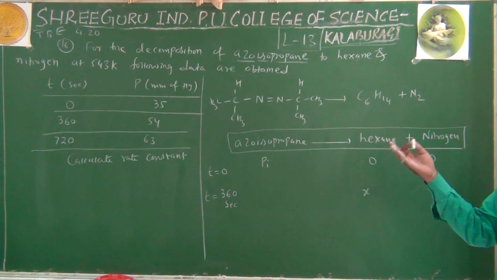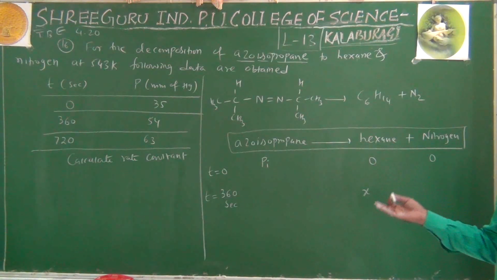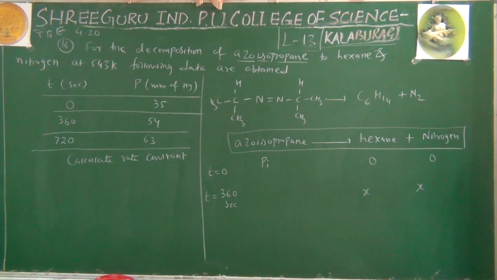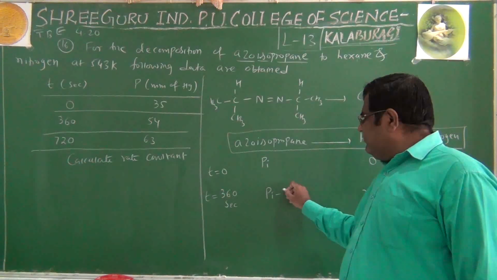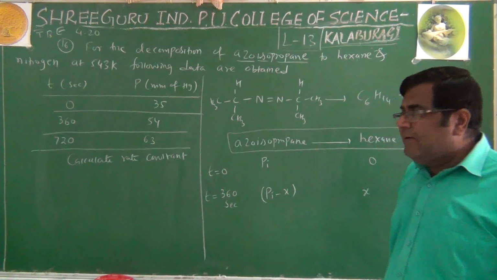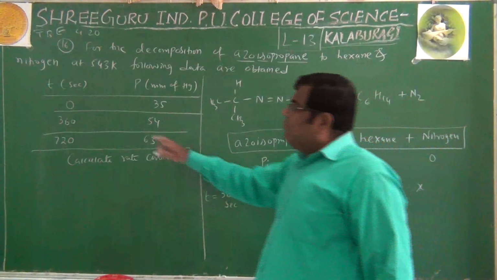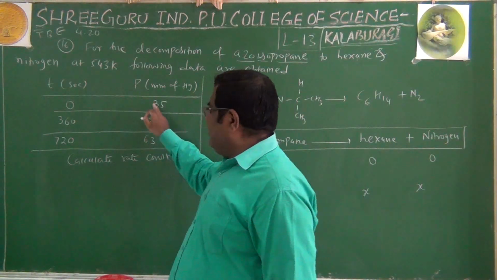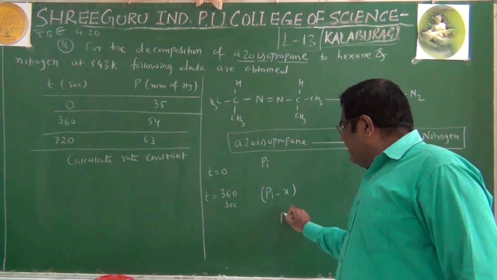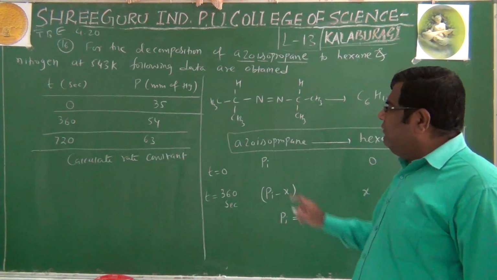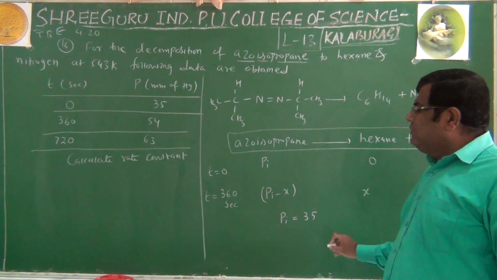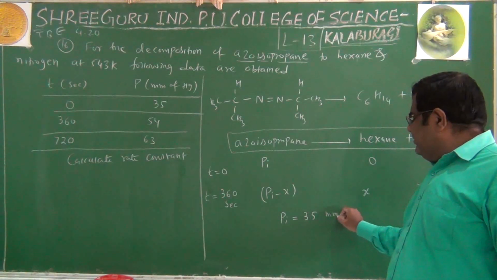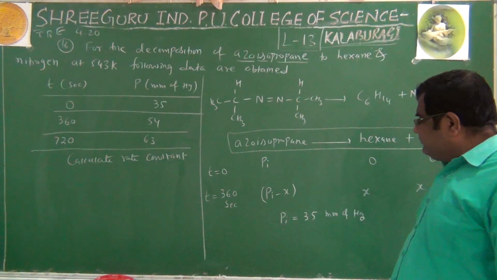For us it doesn't matter whether it is in atmospheric pressure or Pascal; we have to follow the same procedure. This is also X, 1 mole, 1 mole, and this will become Pi minus X. Now when the time was 0 seconds, they have given some value of pressure. That value must be the pressure of azoisopropane, and that's why Pi must be equal to 35 millimeter of mercury.